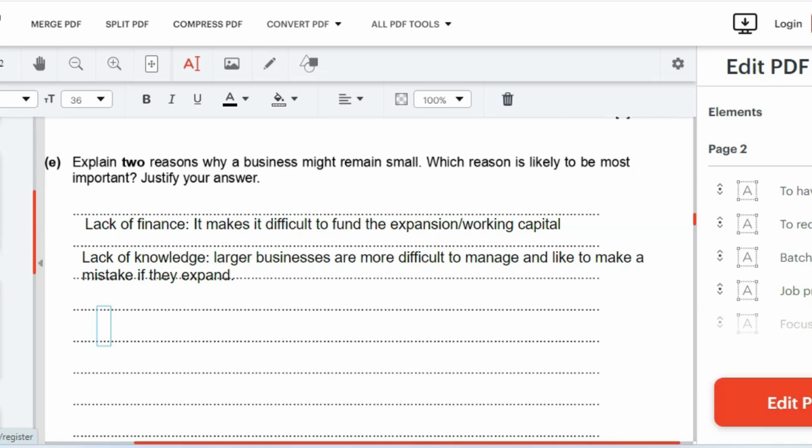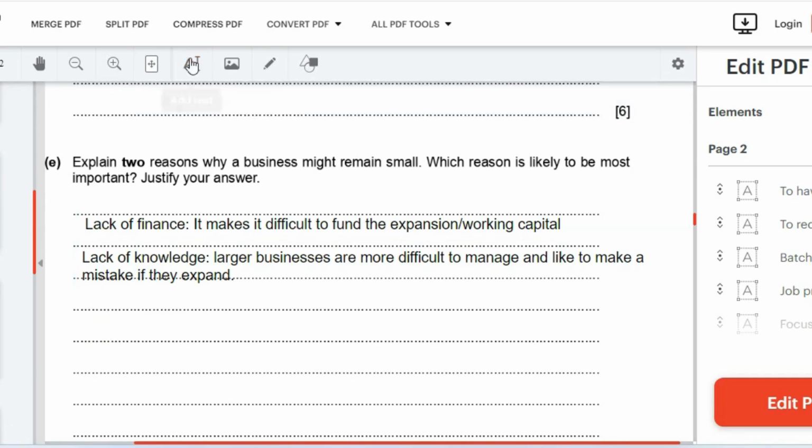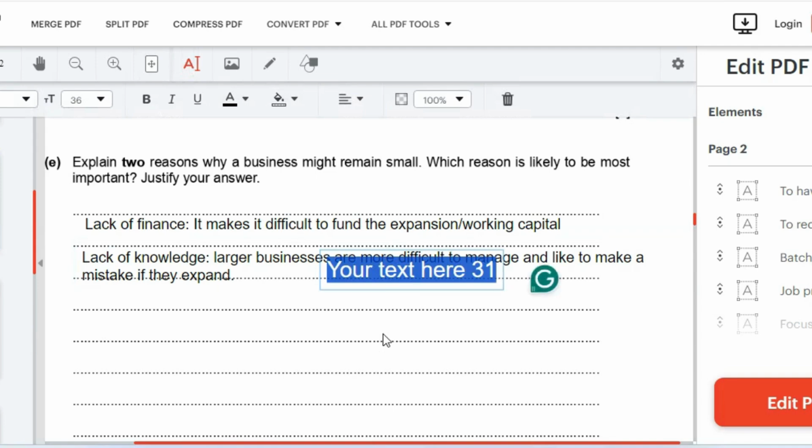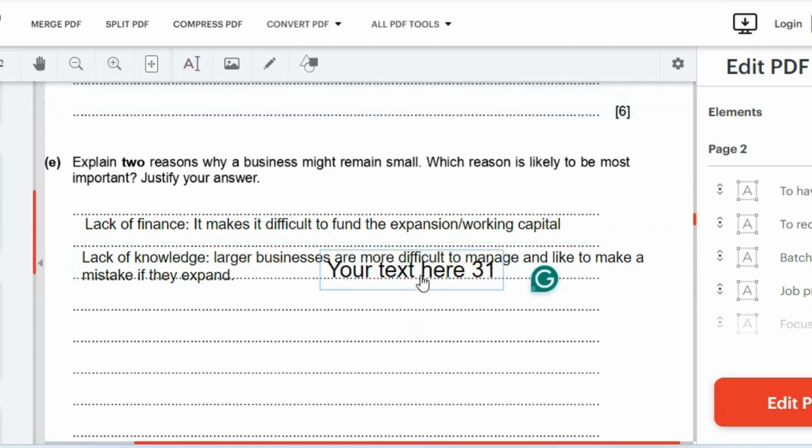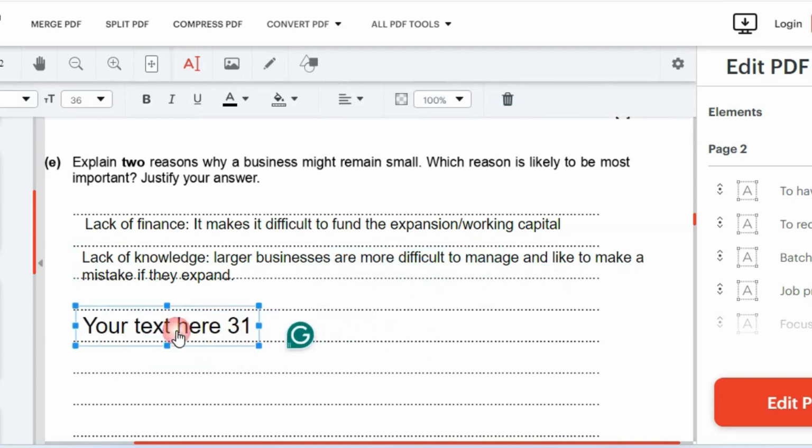Let us put the justification as based on the size of the market. Of course, a company remaining small actually depends on the size of the market, because when there is no customer, there is no revenue.